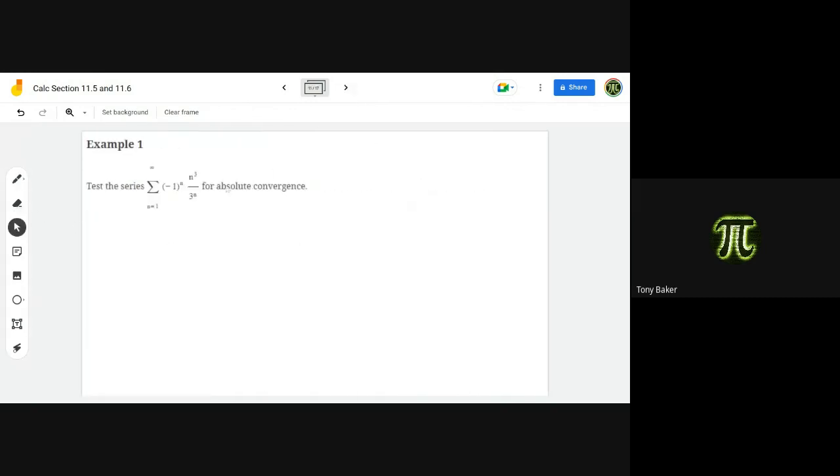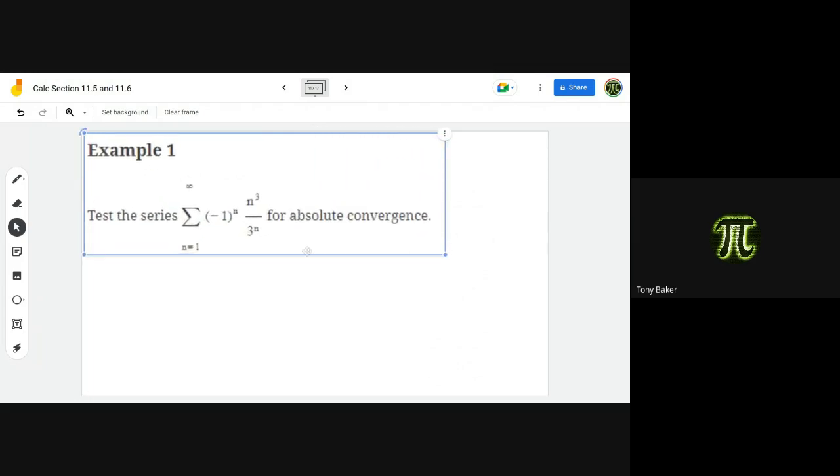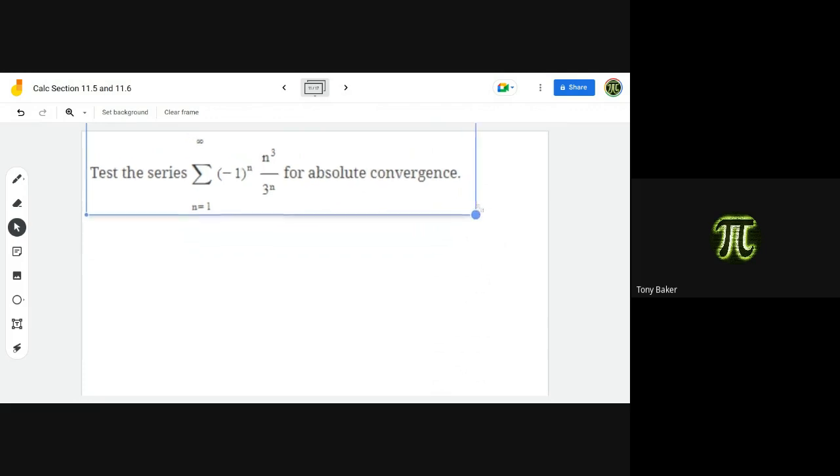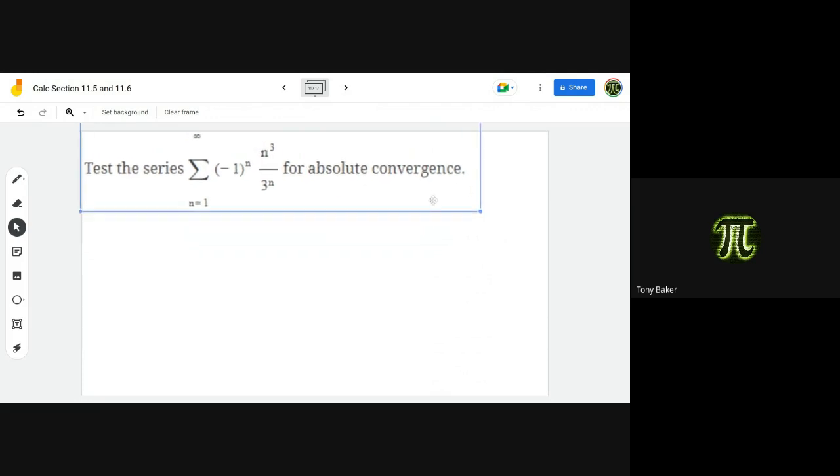The ratio test works really well for problems that look like this. If I asked you, before I showed you the ratio test, what are some of the things you'd notice when you look at this? Yeah, the top kind of looks like a p-series, right?